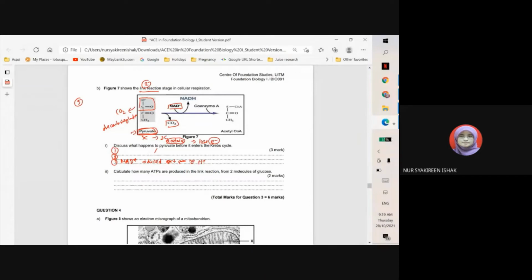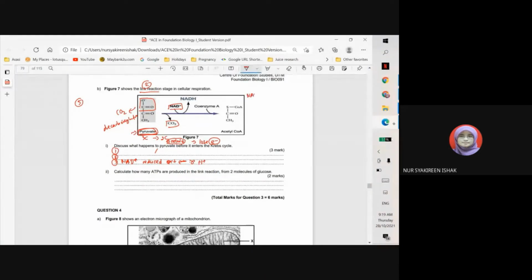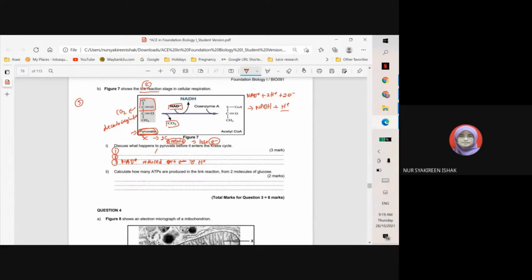So the equation is basically something like this: NAD plus plus 2H plus 2 electrons to form NADH plus H plus. So the H plus will be released to the surrounding. So point number 2 dengan 3 ni adalah the second major reaction that occurs during link reaction.